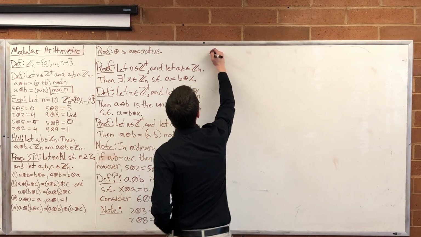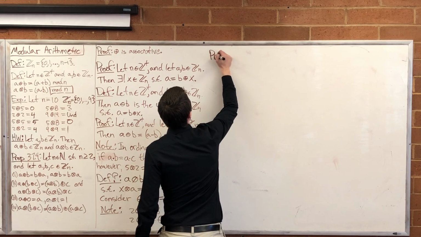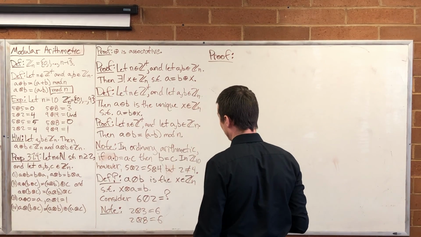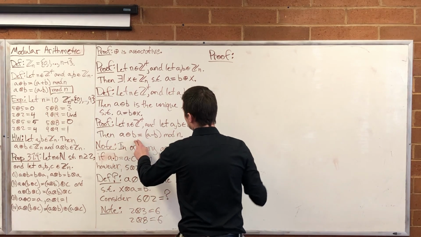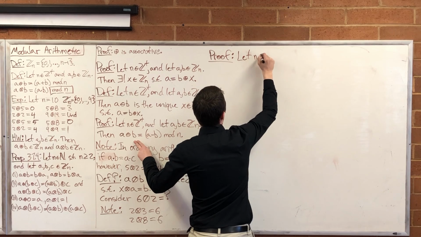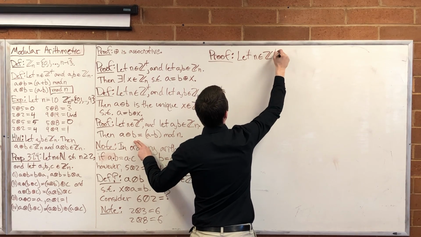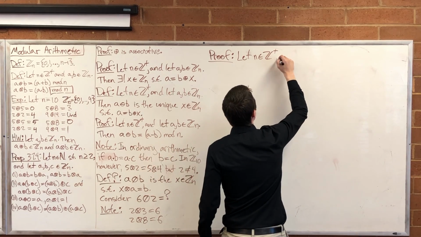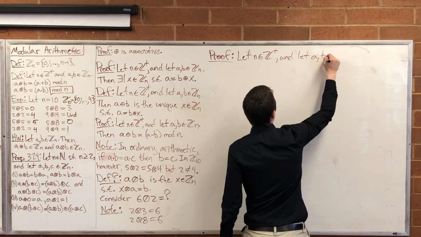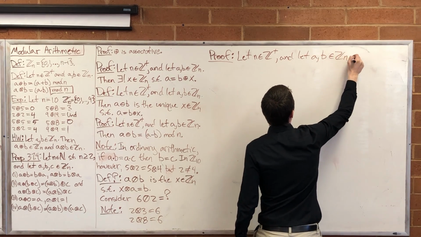So, prove that, let's see, where are we? This one. Let n be a positive integer, and let a be in Zn.